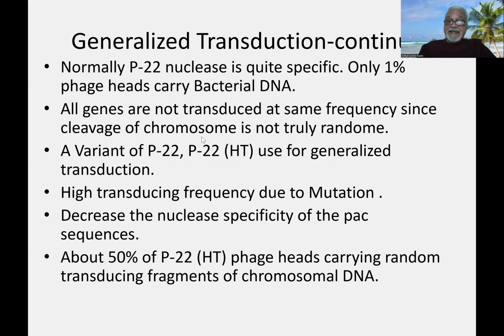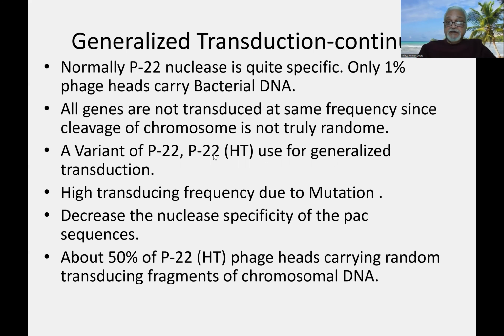So what has been done is that this P22 nuclease, as I mentioned, is very specific to phage only, but a variant of this was created, which is highly transducing. This P22HT, as we call it, is a variant of the normal phage where the nuclease is mutated. And what happens after mutation?